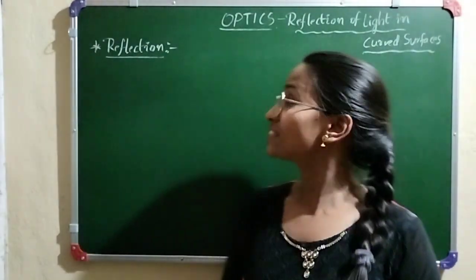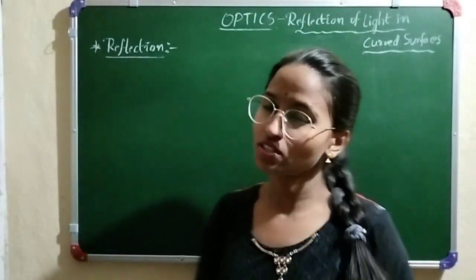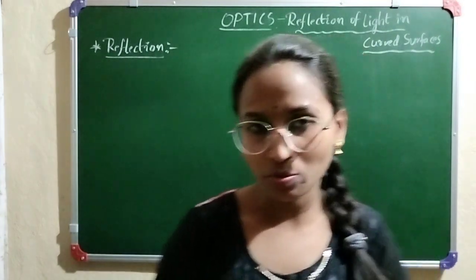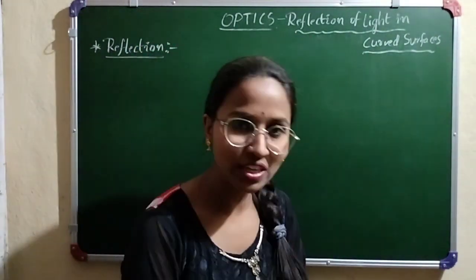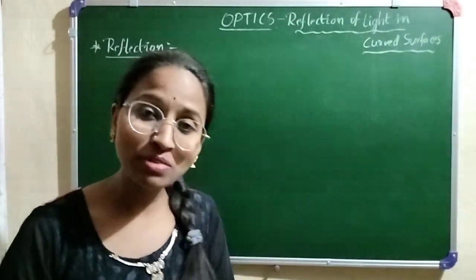We'll see the lesson name: reflection of light in curved surfaces. At the top I wrote optics. I hope you know what optics is, but even so I'll tell you. Optics is the study of light. And what is meant by light?